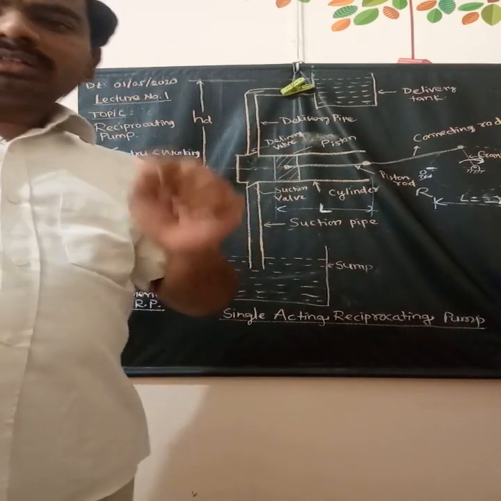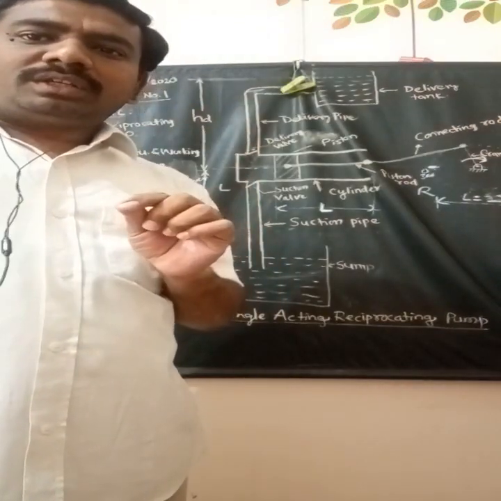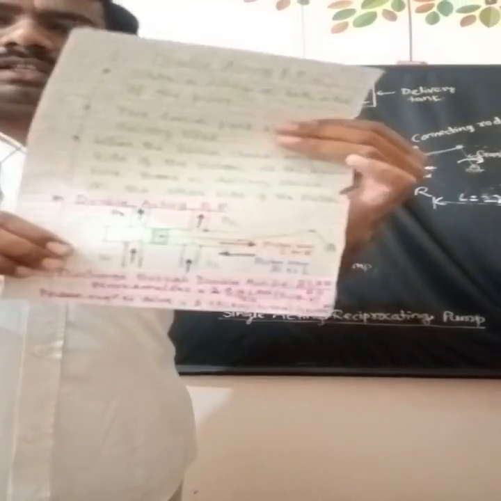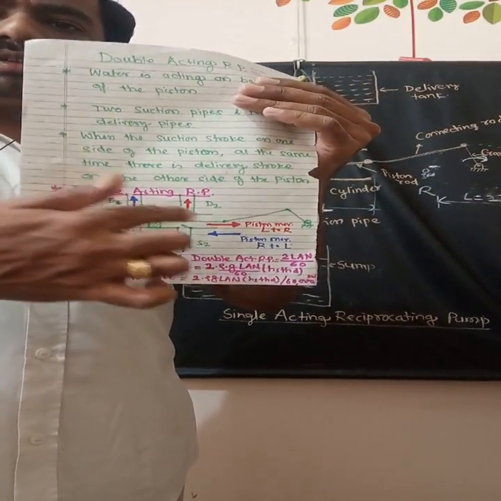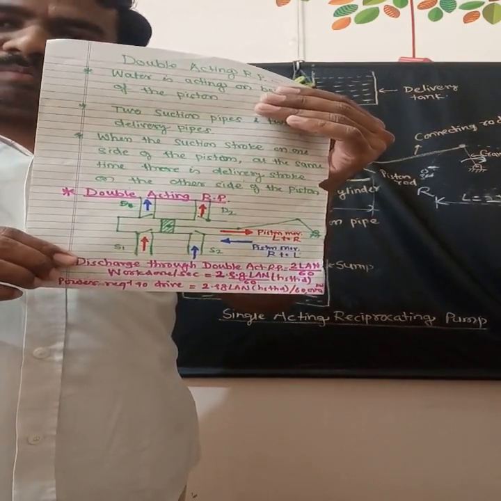It means the water acts on only one side of the piston in a single acting reciprocating pump, whereas the water acts on both sides of the piston in a double acting reciprocating pump.